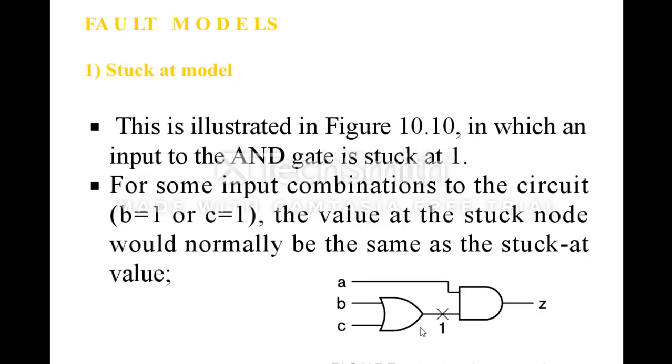In this case, the input of the AND gate might be shorted to VDD or logic 1, so that Z depends on the stuck at 1 irrespective of the value of A or BC.